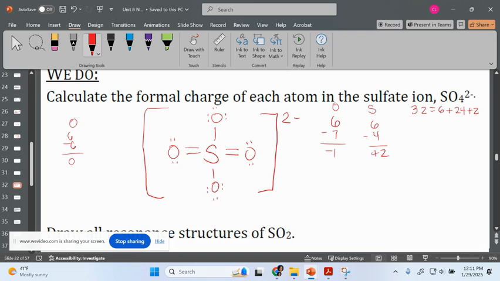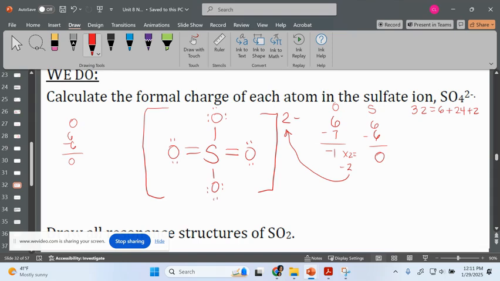What's happened to my sulfur here? 6 out of 4. Count again. 1, 2, 3, 4, 5, 6. That's also at 0. So I've got this times 2, which gives me my -2, which syncs up with that. And I've got everything else at 0.